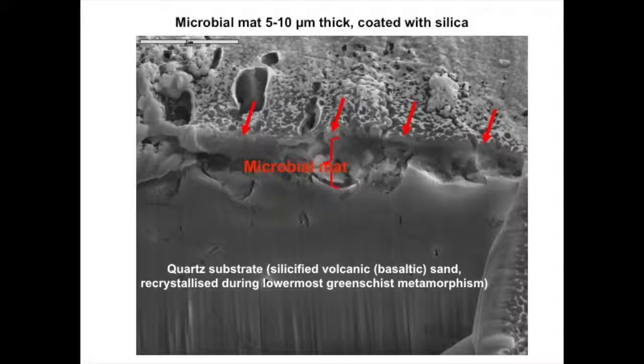Everything's been silicified, recrystallized to microcrystalline quartz. What we're seeing here is the quartz matrix, and these are the quartz crystals that, as they recrystallize, actually disturbed the base of this feature. So they're cutting into it. So we know that this feature formed before the silicification and the metamorphism.